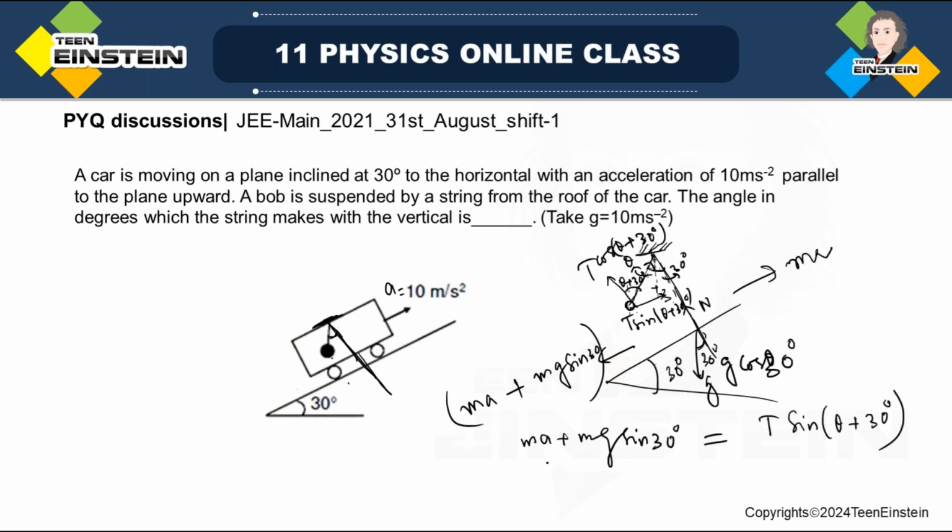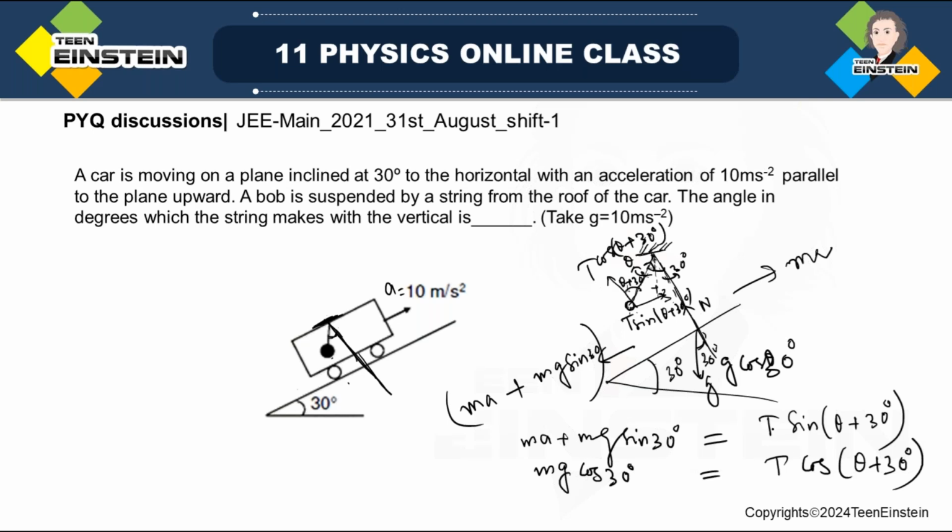And in the vertical direction, mg cos 30 is equal to T cos of 30 plus theta. So this is the free body diagram over here.